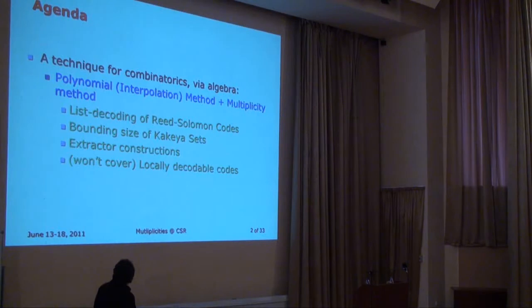And the technique, I'll call it the polynomial or the interpolation method, and later we'll refine it further to call it the multiplicity method, and that's where the title comes from.